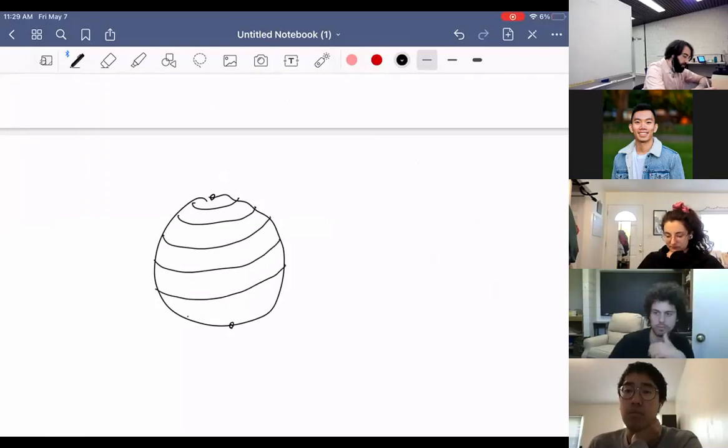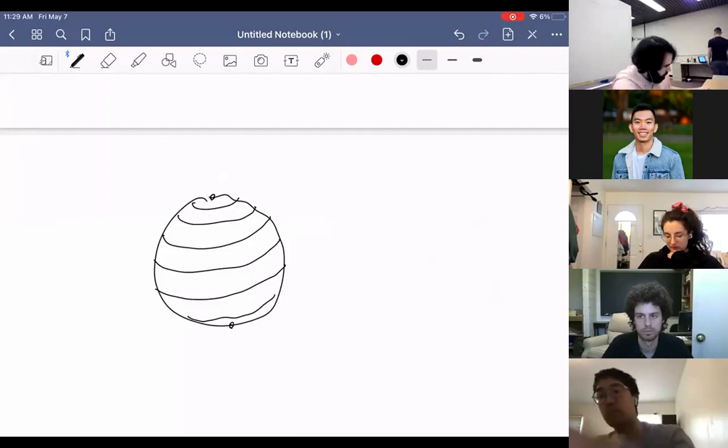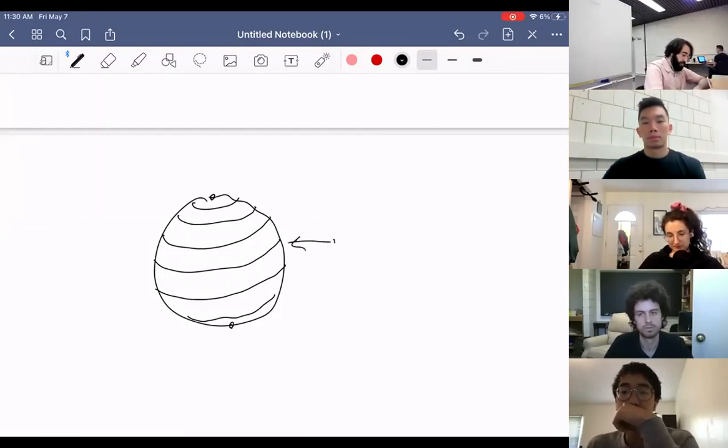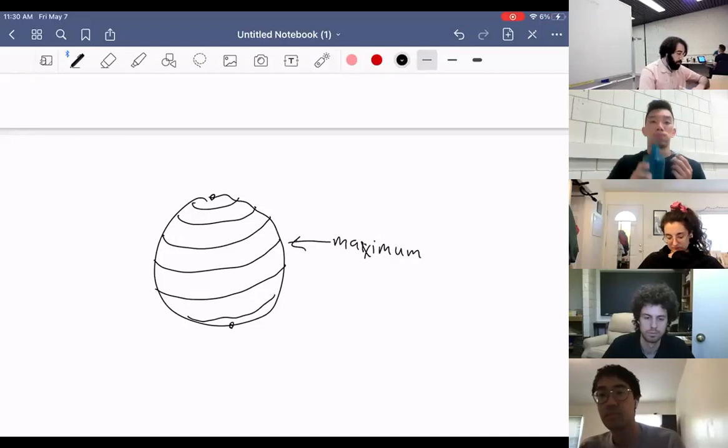Basically, we foliate the 3-sphere by 2-spheres. And in this foliation, we find the maximum area 2-sphere. That's usually the one in the middle. And then we look at all possible foliations.